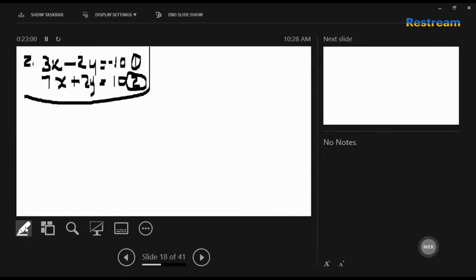And so what I want to show you for these two is that just looking at the equations, we already see a pair of variables that have the same digits. The coefficients, the signs are different, but they have the same digits. So when you see that, you can skip the first step that we did.